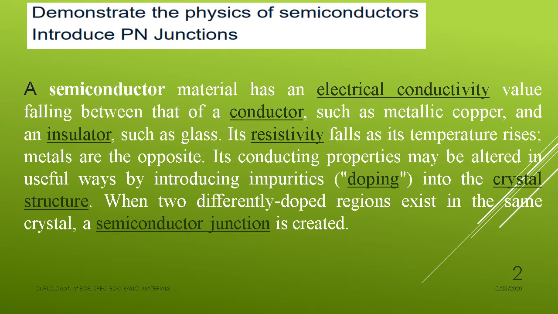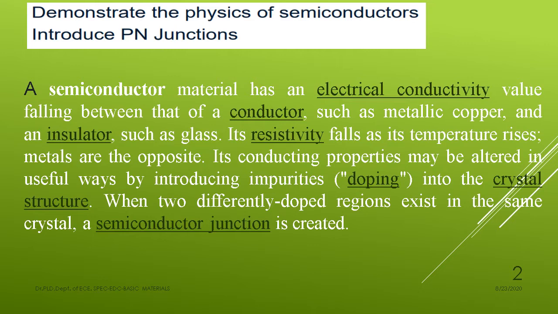A semiconductor material has an electrical conductivity value falling between that of a conductor such as metallic copper, and an insulator such as glass. Its conductivity lies in between these conductors and insulators. That's also one of the reasons for calling this semiconductor a semiconductor.